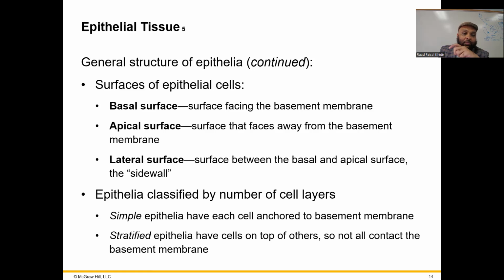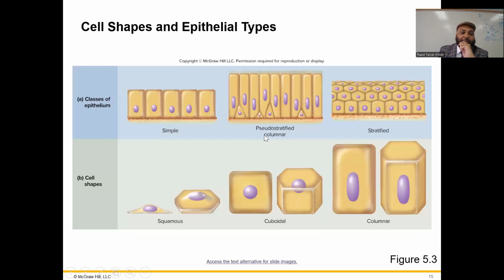Just remember that the basal surface of the epithelia is the surface that is facing the basement membrane, while the apical surface is the surface that faces away from the basement membrane.